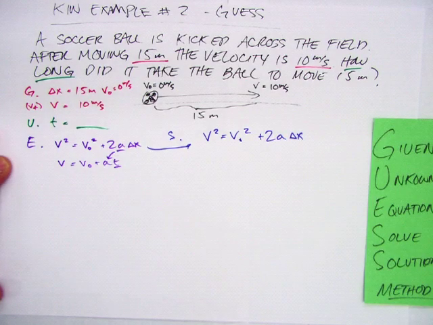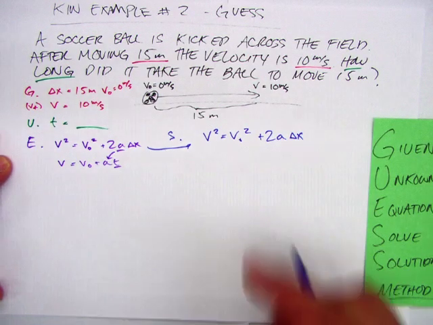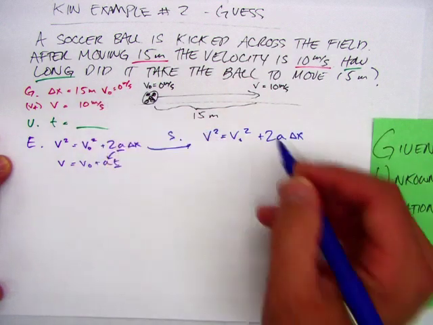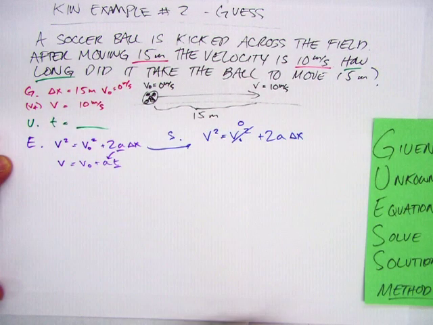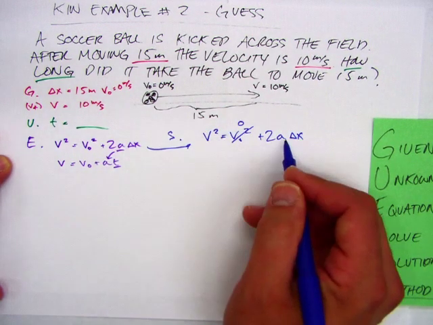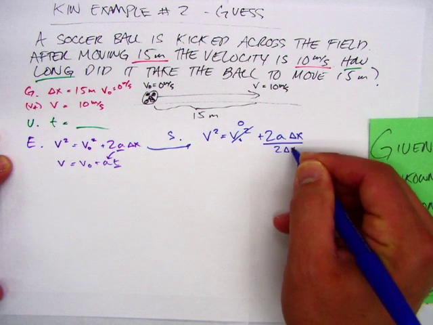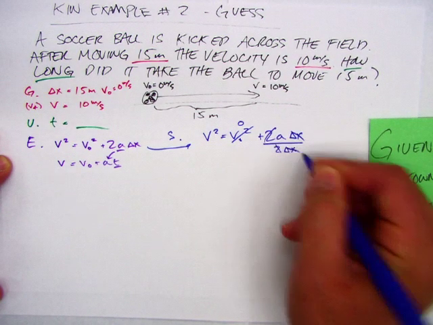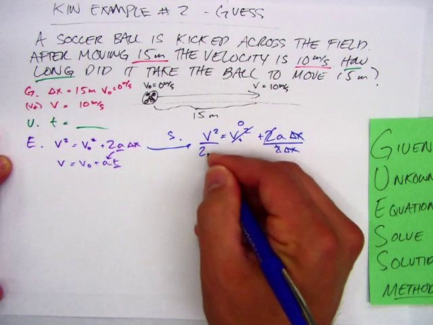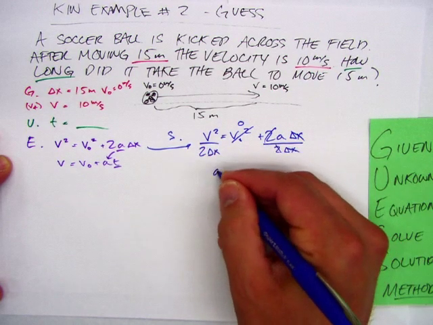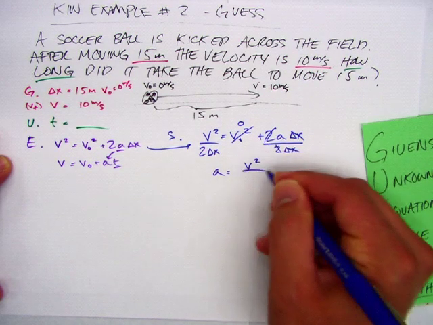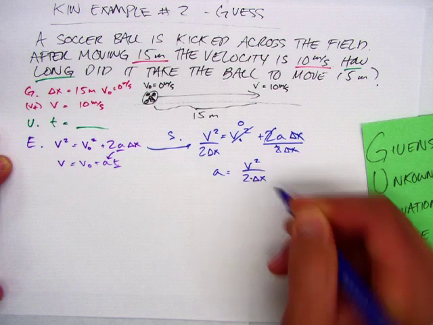V squared is v naught squared plus 2a delta x. I'm going to solve for a, so let's simplify using the variables. Right away, v naught is 0, so this term goes away, which is nice. I want to solve for a, so I'm going to have to divide both sides by 2 delta x. Cancels the 2, cancels the delta x. And I got that a is v squared over 2 delta x.